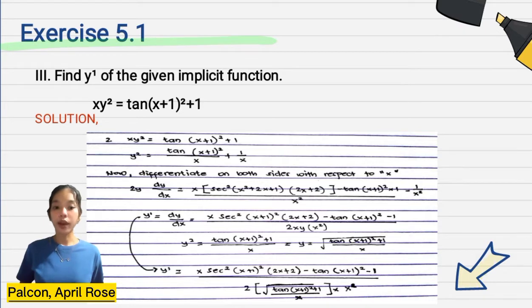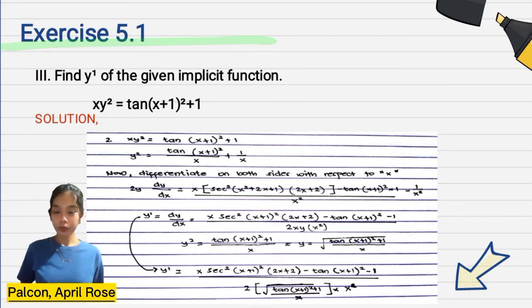So, 2y dy over dx equals x times sec squared (x squared plus 2x plus 1) times (2x plus 2) minus ((tan x plus 1) squared plus 1) times 1, all over x squared.